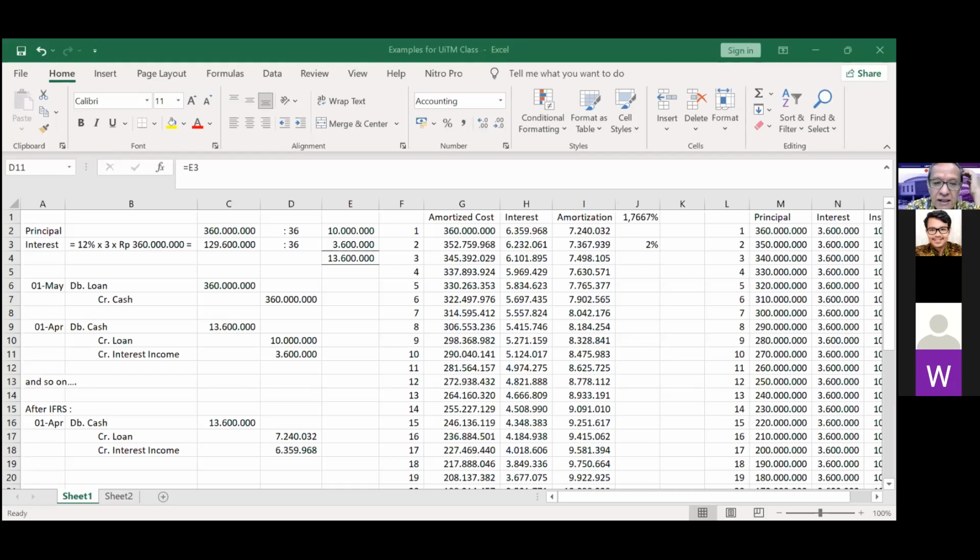20% is called the credit conversion factor. The credit conversion factor is stated by the Basel Committee. The Basel Committee is the international standard for banking operation. That's the cooperation among central banks that regulate the operation of banks, especially for determining the capital that must be provided by each bank.